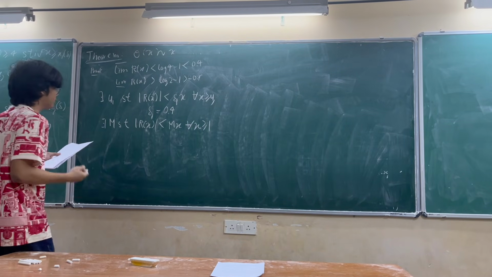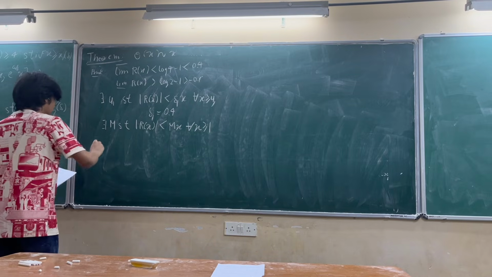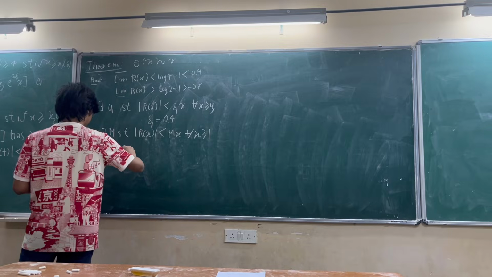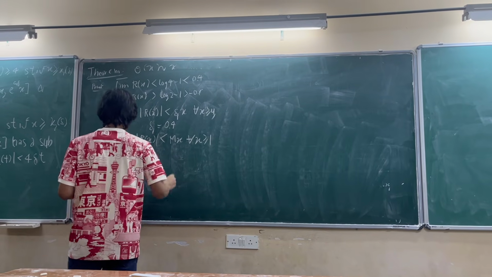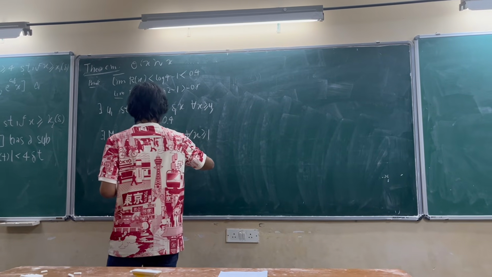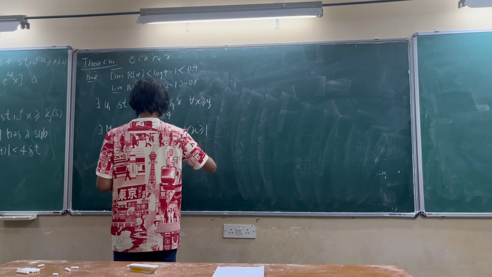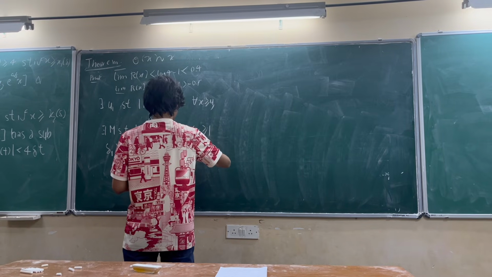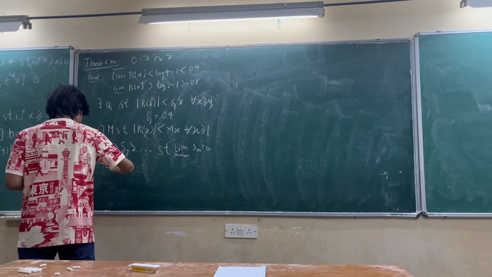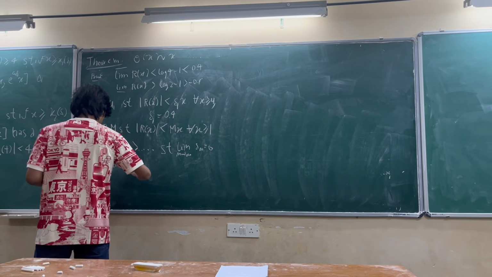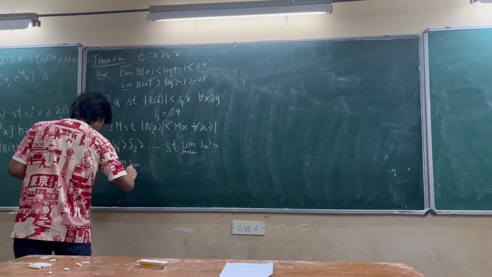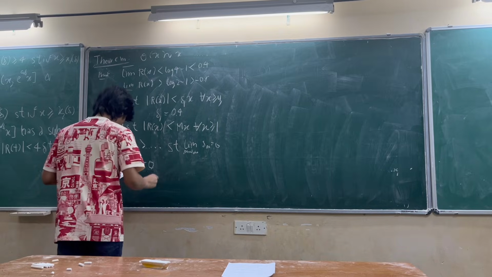Now we shall begin constructing our sequences. The delta 1 is less than delta 2 is less than, this is a decreasing sequence such that the limit as m tends to infinity of delta m is 0, and we link it with some other sequence epsilon m such that the limit as m tends to infinity of epsilon m is also 0.